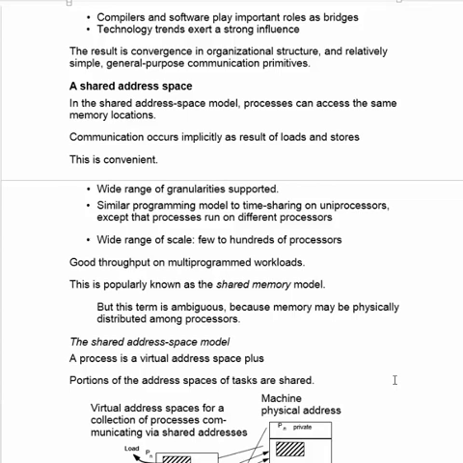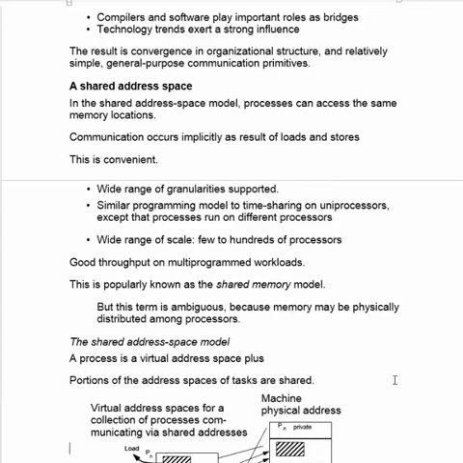Communication is by means of loads and stores, so the only way that processes can communicate is by storing a value of a variable, and then the other thread or process reads that value. That's convenient because processes are always reading and writing variables. The only difference in this case is that another thread or process might be interested in what they write.